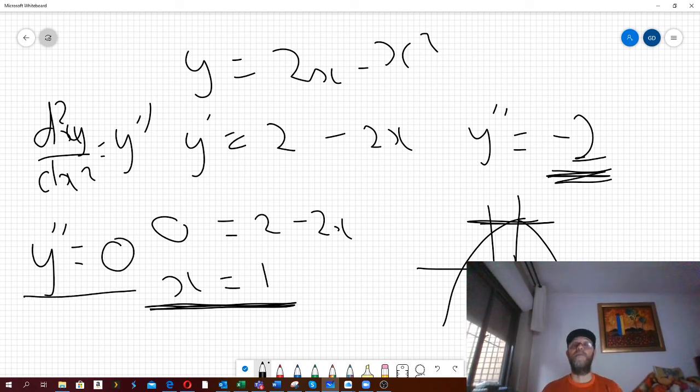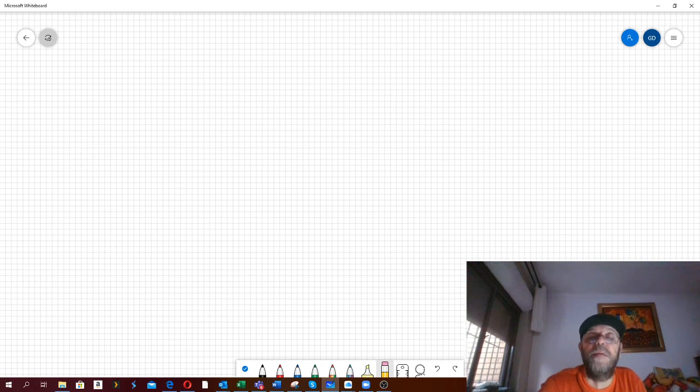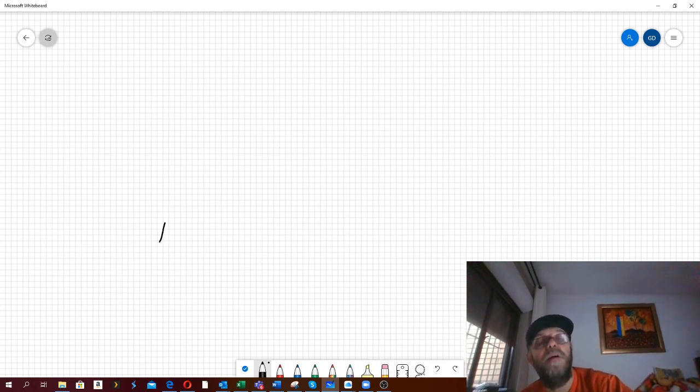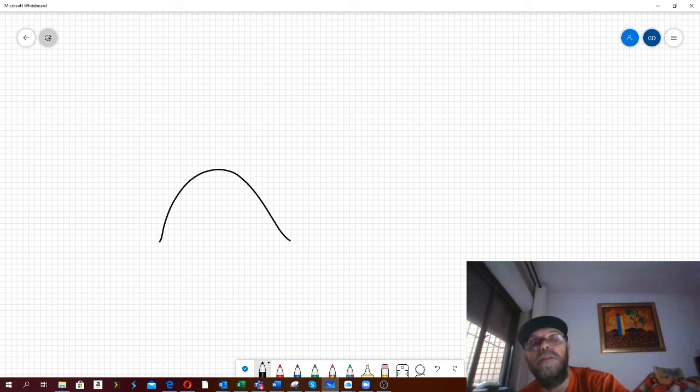When you get a 0 for a second derivative test, then you don't have a maximum or minimum turning point, but you have something called a point of inflection. So this is something to remember as a new term, and what that means is that the curve doesn't do that or doesn't do that.